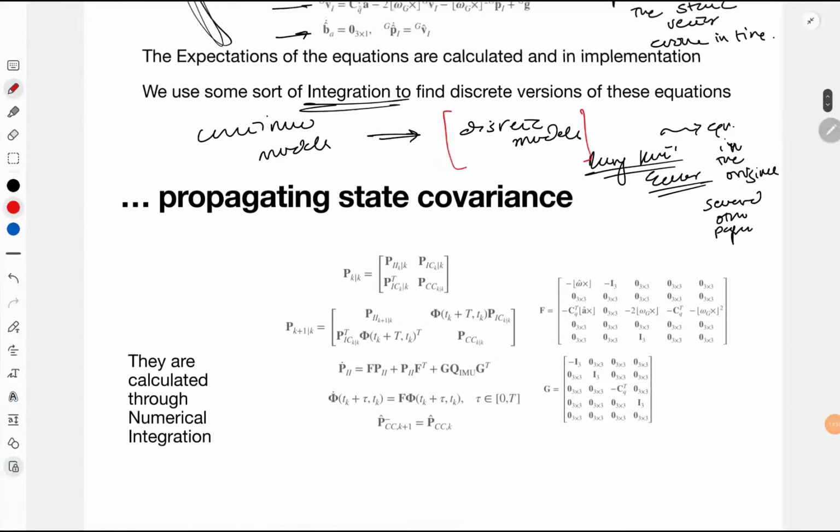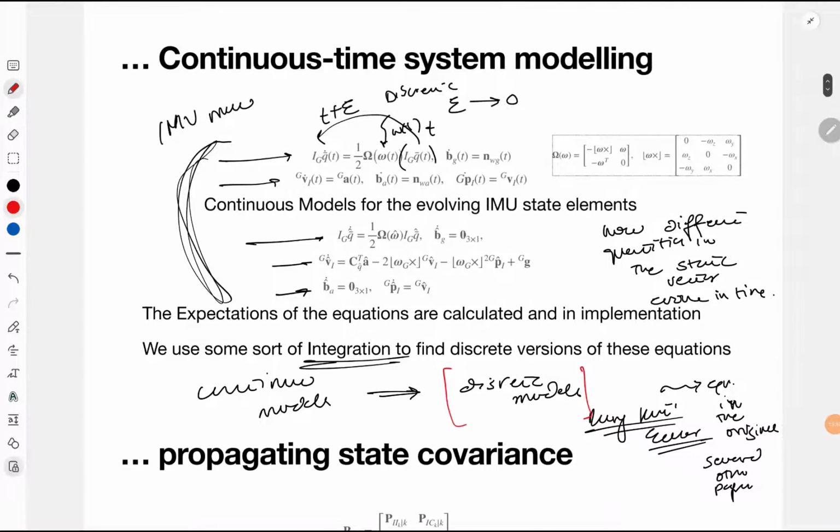And another thing is that in the Kalman filter you propagate the expectations, you figure out the expectations and you propagate them. So you would figure out the expectations of these equations, and so for example this thing, when you figure out the expectation of this thing, it becomes 0 because this is just random noise.